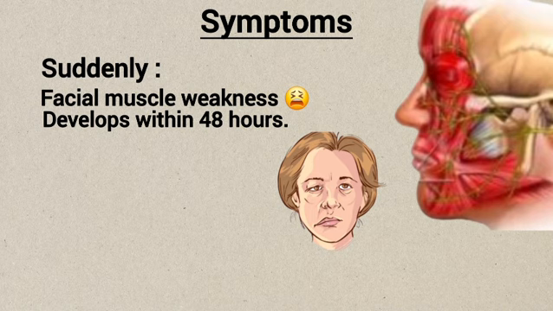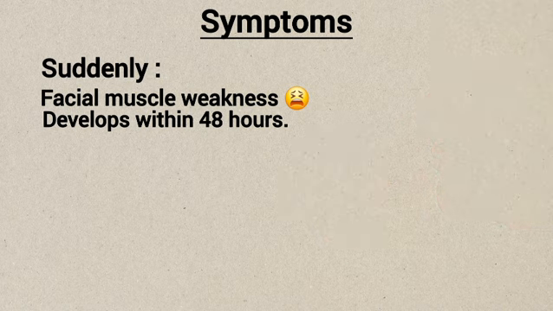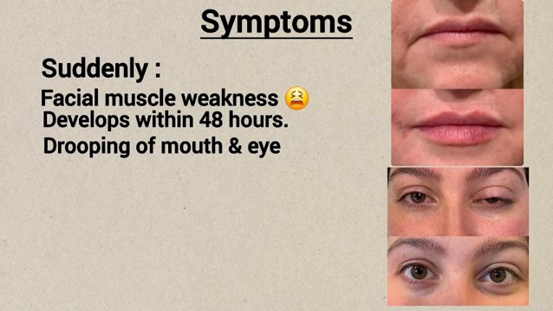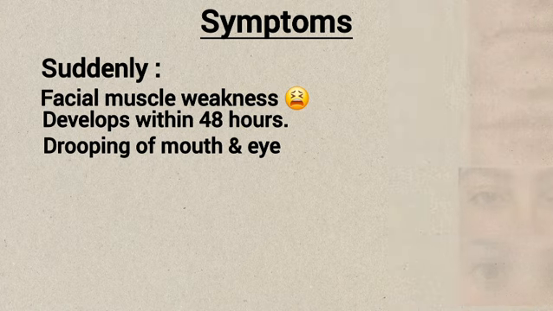This sudden weakness can cause the inability to move one part of the face, the infected side. The next symptom is drooping of the mouth. Drooping of the mouth means that the lip on the infected side will droop, meaning it will seem to have fallen to one side.